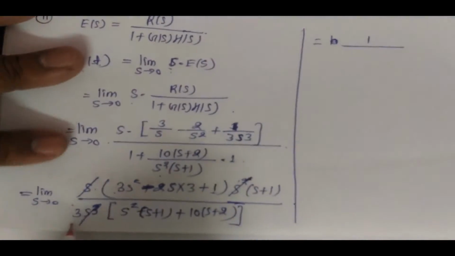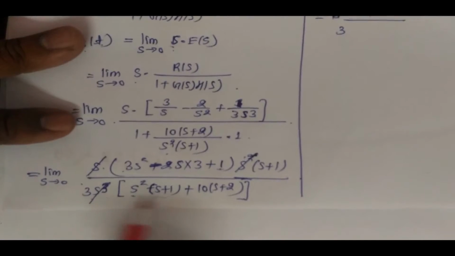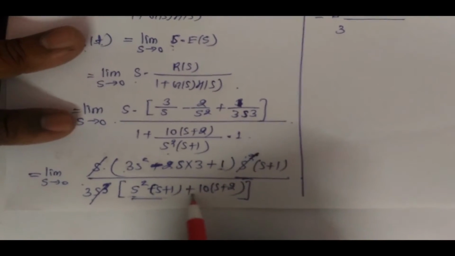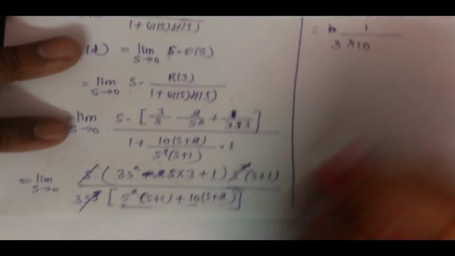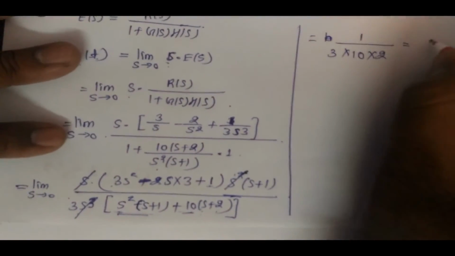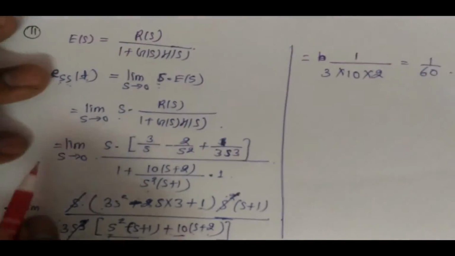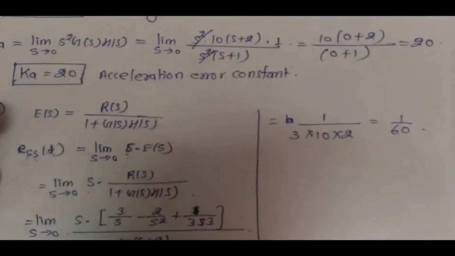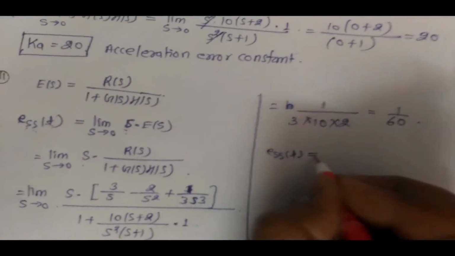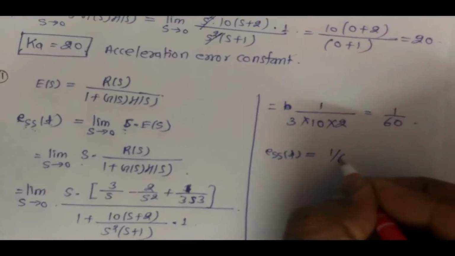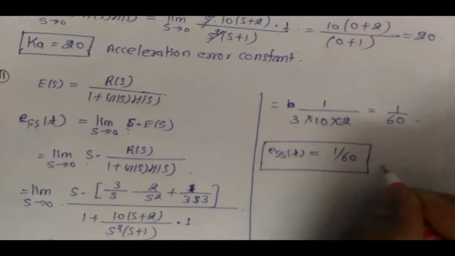In the denominator, this becomes 0, the whole term becomes 0, this plus 10 multiplied with 2, means this becomes 1 over 60. This is the steady state error of the system, means we can write ESS, the steady state error of the system is 1 over 60 when we apply the input R(s).